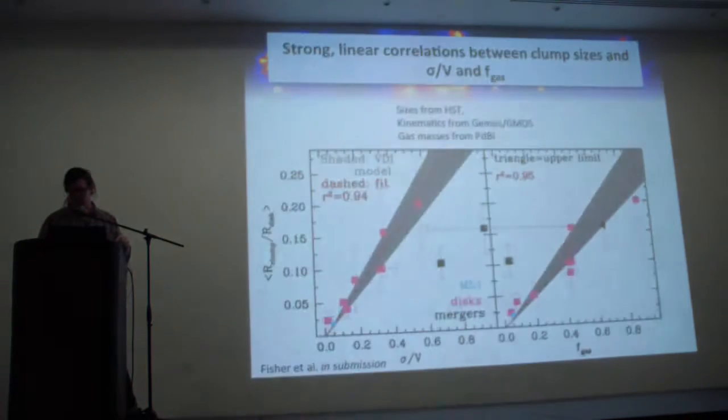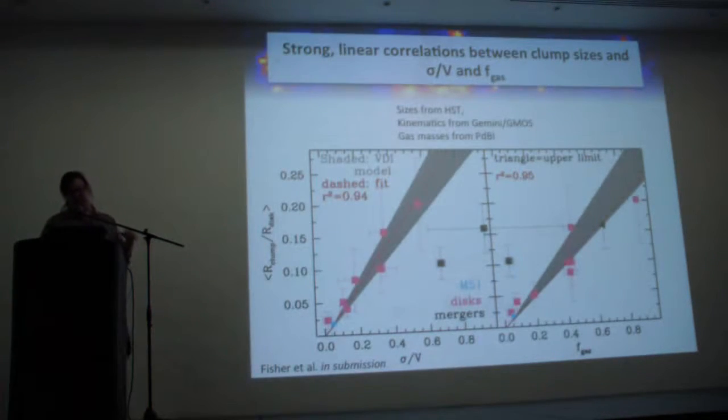We can do more interesting things by looking into the physics of what's going on in these clumps by measuring scaling relations that are basically only possible because we have better data, higher resolution data with high signal to noise. What I'm showing you here are a couple of correlations with the clump size, averaged for each galaxy.